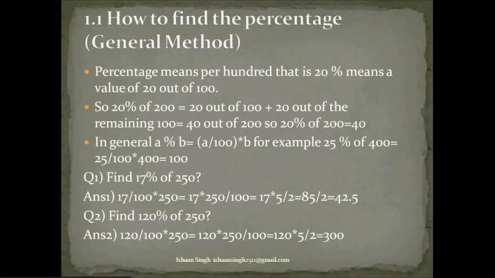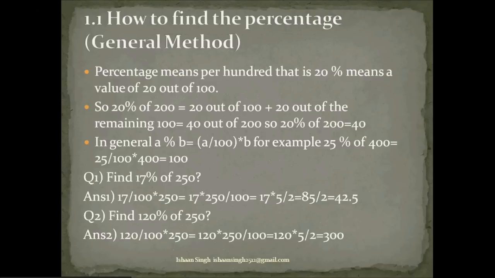So I hope that you have understood the meaning of percentage, and you have also understood how to calculate the percentage. If you think I am going too fast, please pause, take a look at what I have explained, and just make sure that you are through with it and you are able to calculate the percentages.